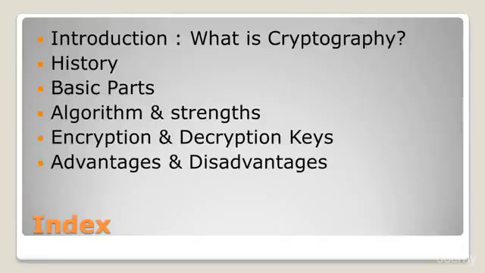As we have seen previously, cryptography has often been used to protect the wrong things, or to protect them in the wrong way. So we will be seeing that in this tutorial today. I'll be teaching you what cryptography is exactly, its history, the basic parts of cryptography, algorithms, strengths, encryption, decryption, keys, and the advantages and disadvantages in the end.